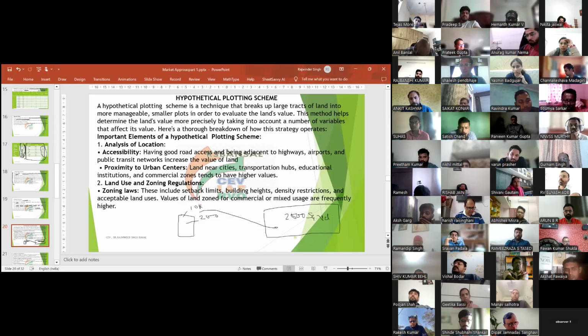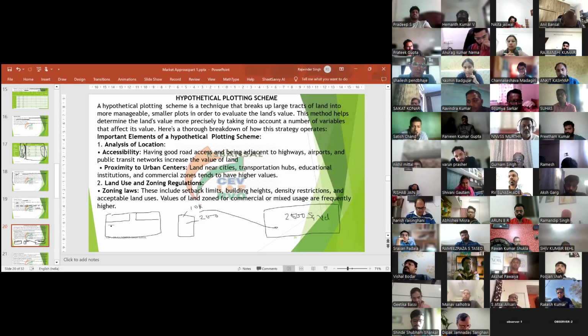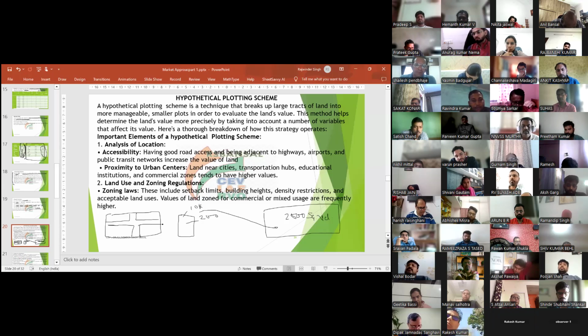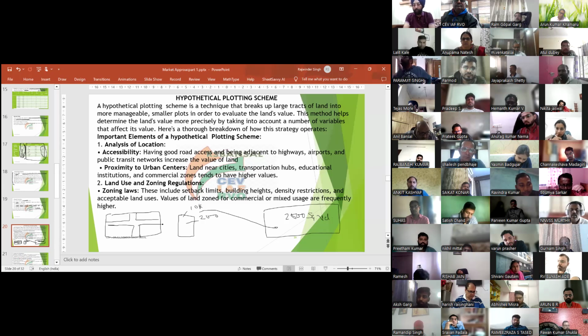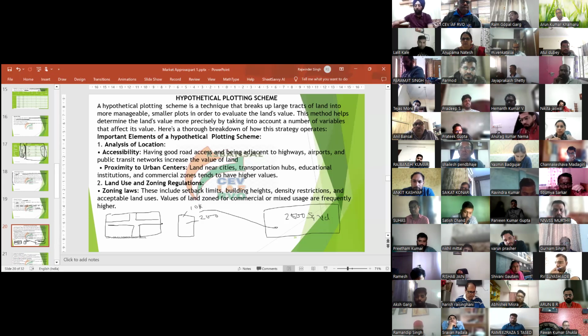So what you will do in such case, you will divide this plot into a number of plots by providing roads, by providing parks, other facilities. So this is all hypothetical. It is not to be divided actually on site. Just you will make a plotting on paper.